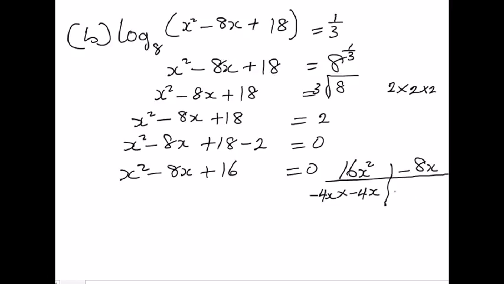Then minus 4x minus 4x will give us minus 8x. So we now have x squared minus 4x minus 4x plus 16 equals 0.